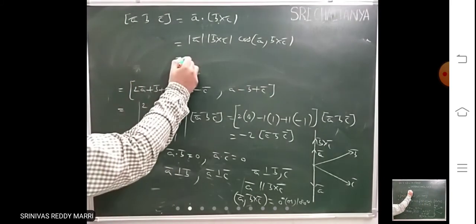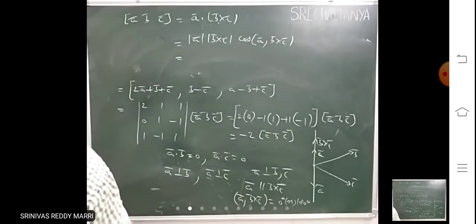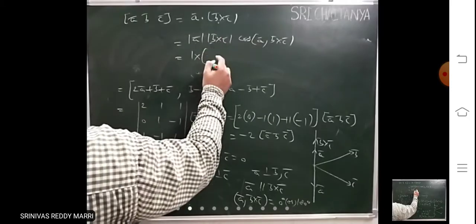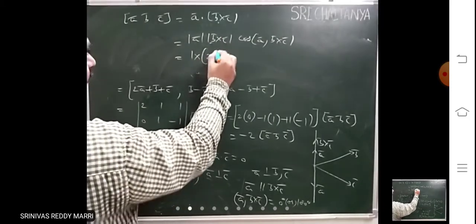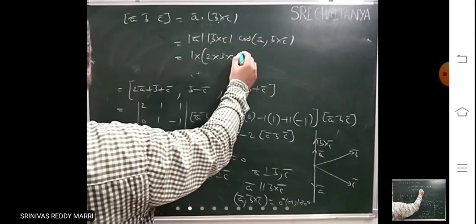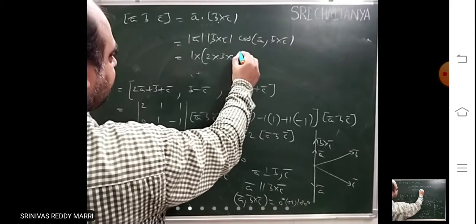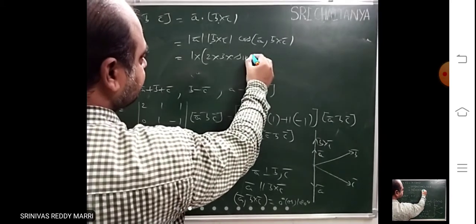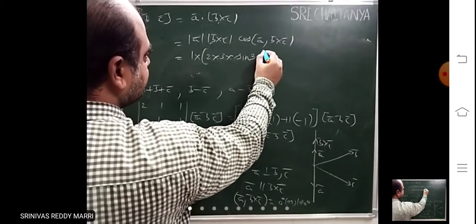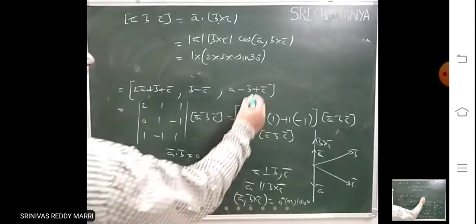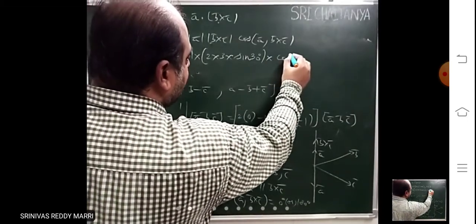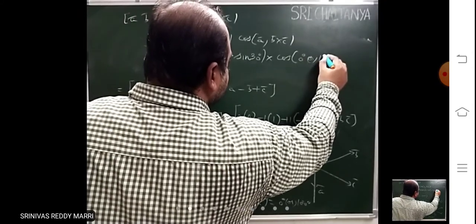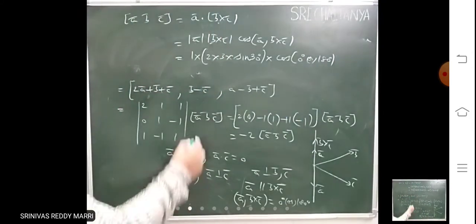What is this given? Modulus A bar is 1, given, and for A cross B, if you write the definition, modulus B bar into modulus C bar into sine 30 degrees, into cos of 0 degrees or 180 degrees.